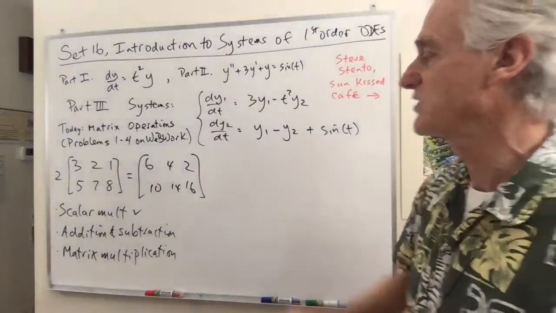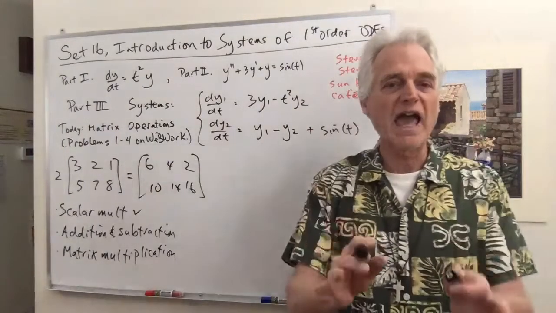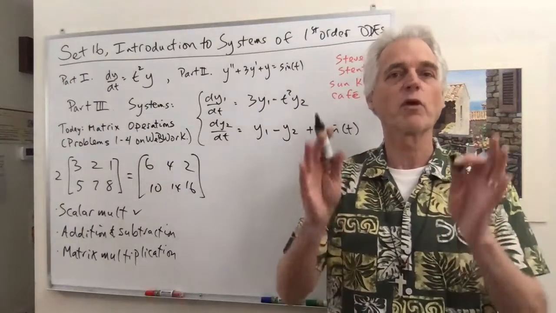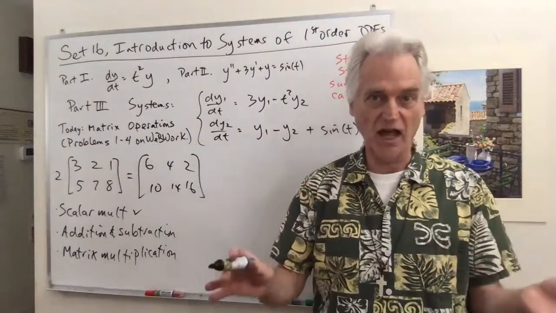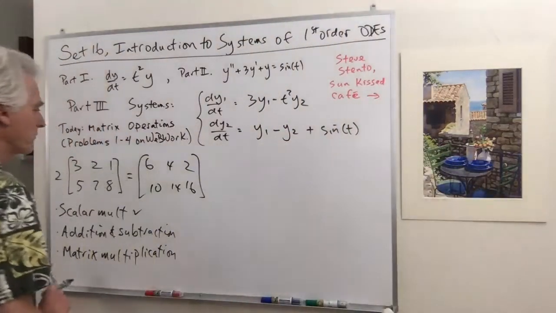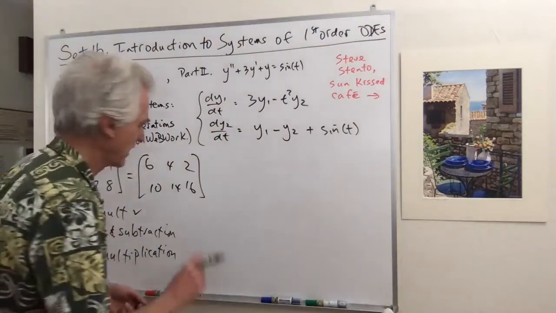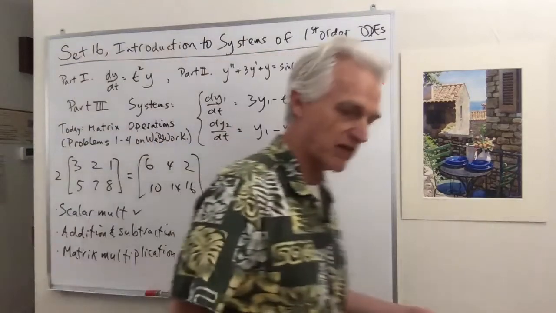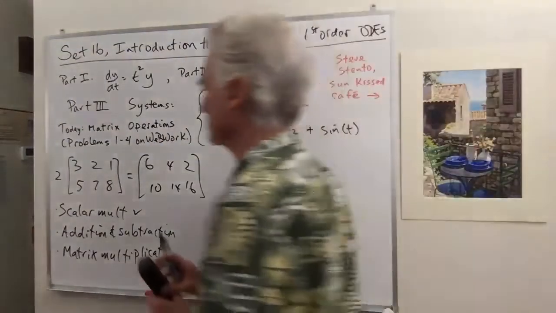Okay. Now addition and subtraction. To add or subtract two matrices, they both have to be exactly the same size. So I can take this one here, and I can add the first one to the second one. They're both the same size.